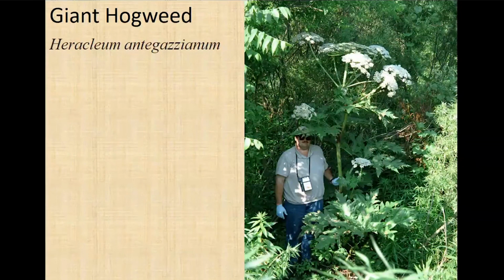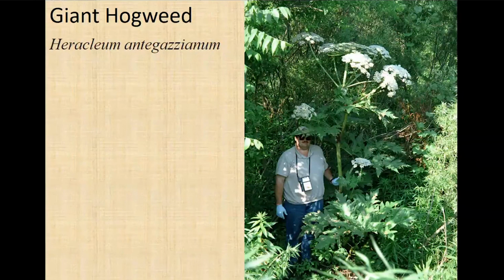And so handling this plant is a matter of careful concern and typically should not be done by landowners. If you think you've got this, this is something you'd want to report to the DNR or extension so that could be confirmed, and then we could actually arrange to have folks with the proper protective equipment do the control.